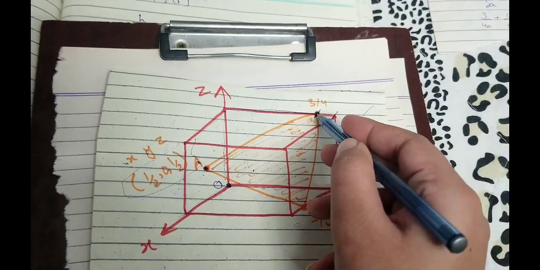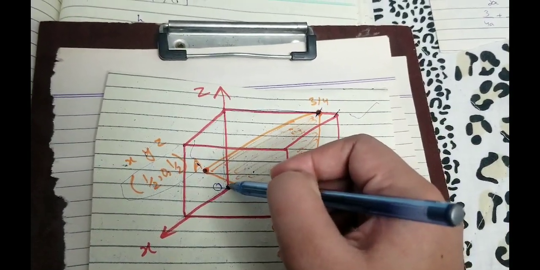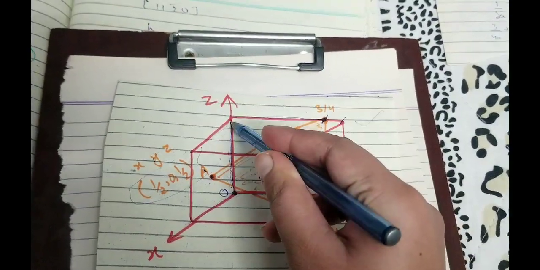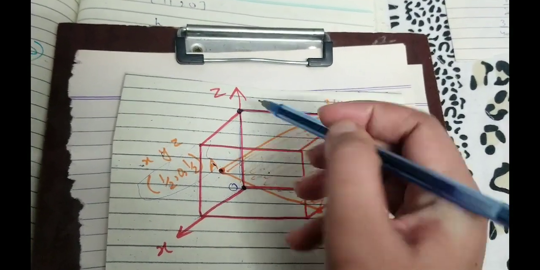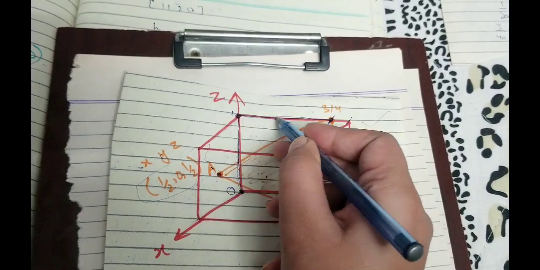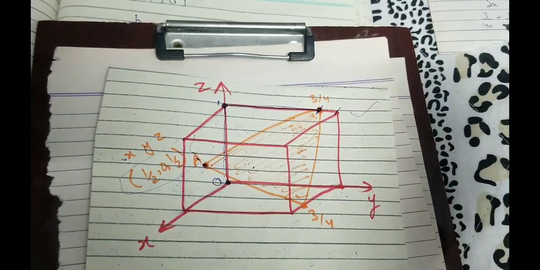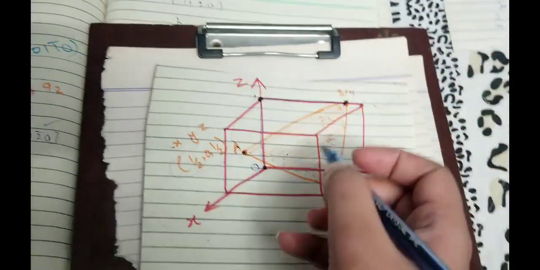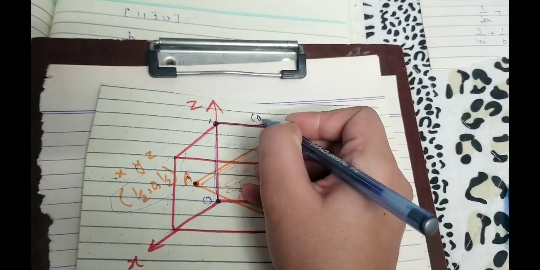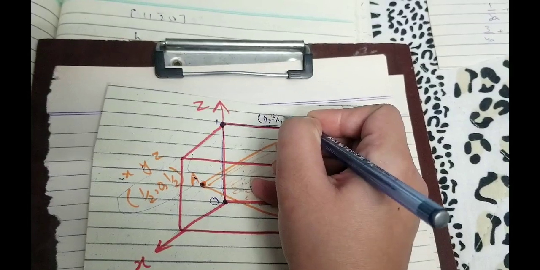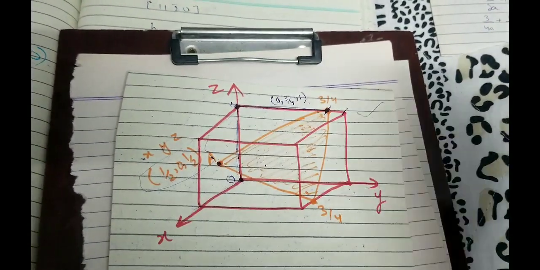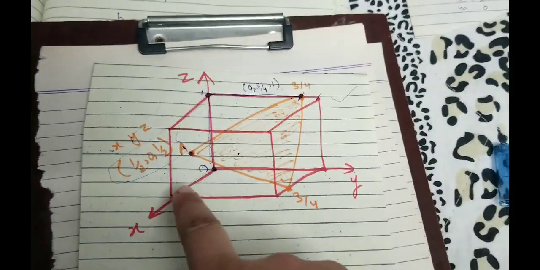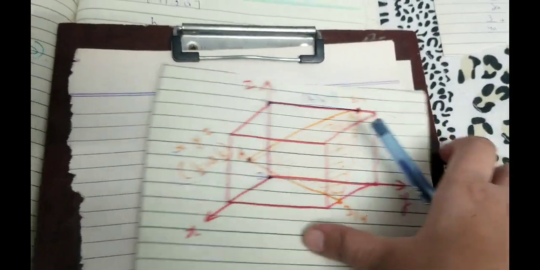To reach this point, from the origin we'll move 1 unit along the z-axis and 3 by 4 unit along the y-axis. No movement along the x-axis is needed, so its coordinates will become 0 along x, 3 by 4 along y, and 1 unit along z. We'll use these coordinates.